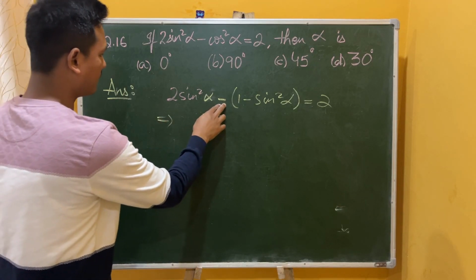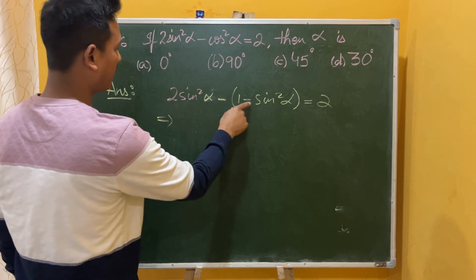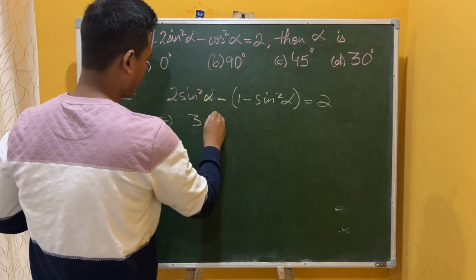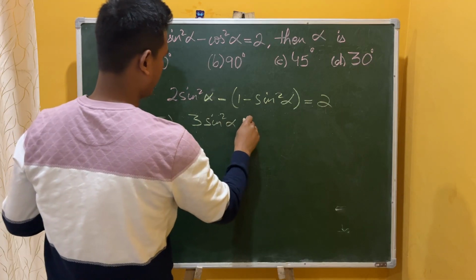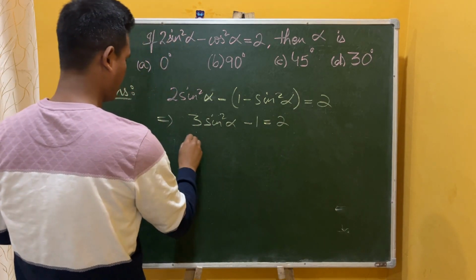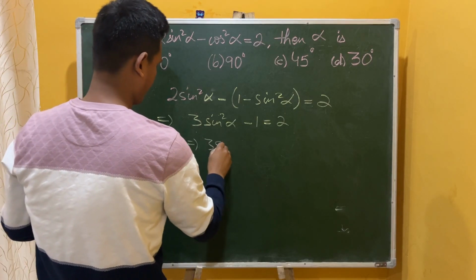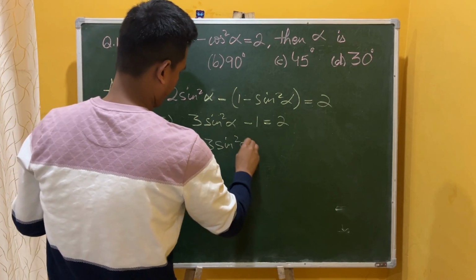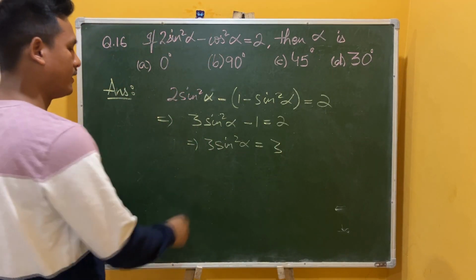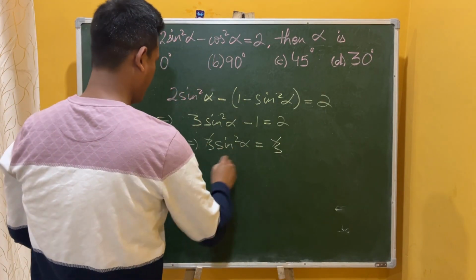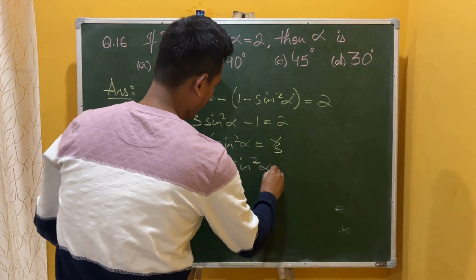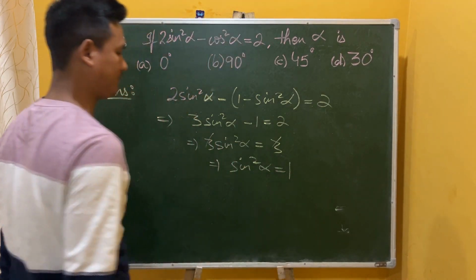If I open the bracket, it's going to be plus. So it will be 3 sine square alpha minus 1 equals 2. So you cancel this 3, and then we have sine square alpha equals 1.